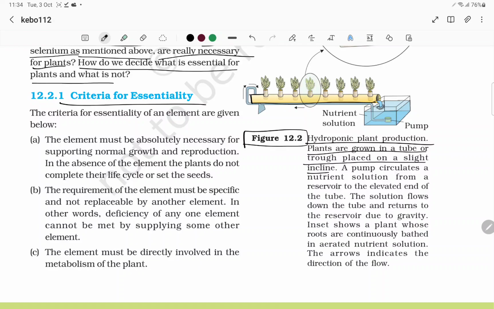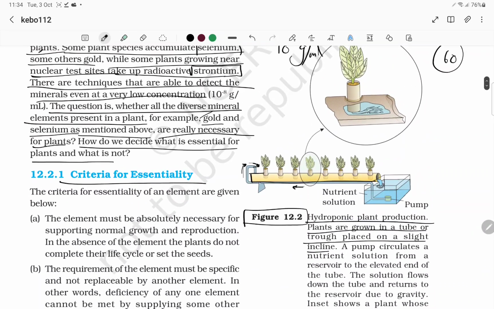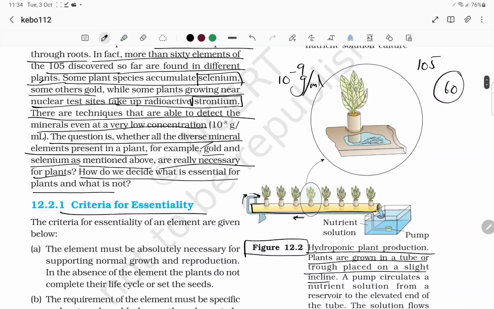The solution flows down the tube and returns again to the reservoir due to gravity. The inset shows a plant whose roots are continuously bathed in the aerated nutrient solution. The arrow indicates the direction of the water flow. And this is the magnified image of this.